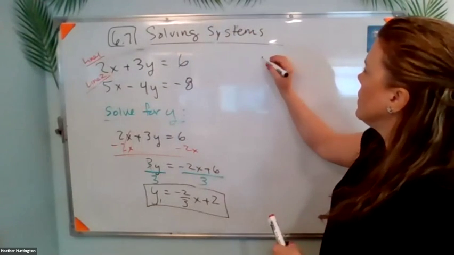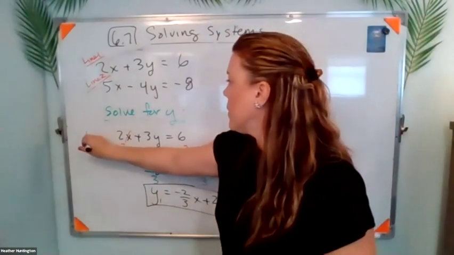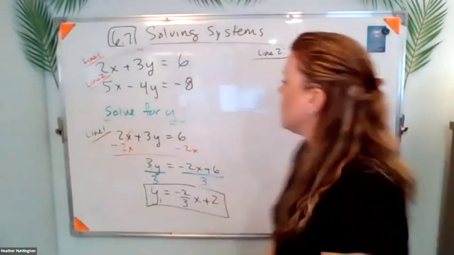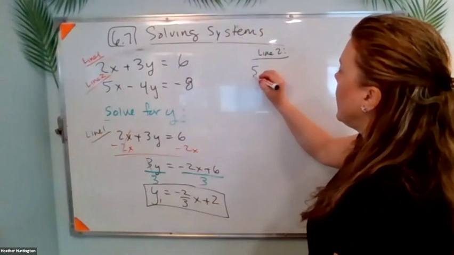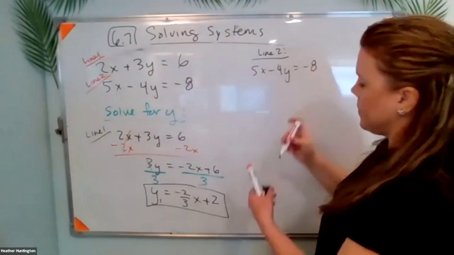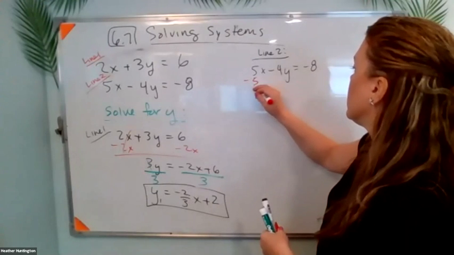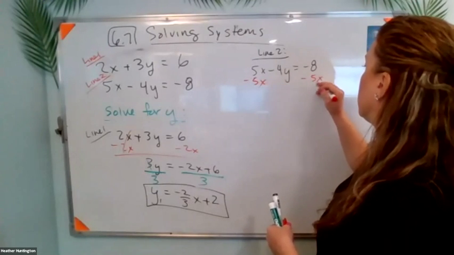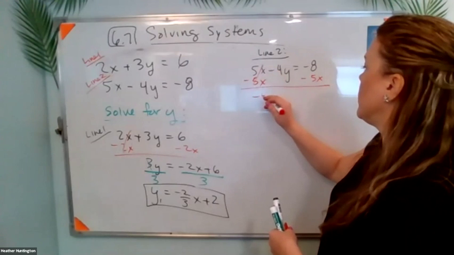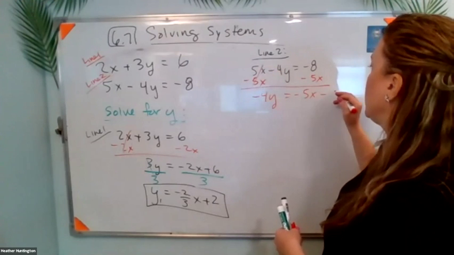And then line 2. So we've got 5x minus 4y equals negative 8. We're solving for y. We have minus 4y equals negative 5x minus 8.